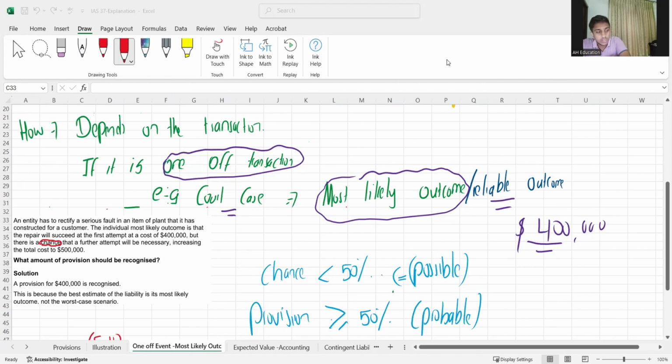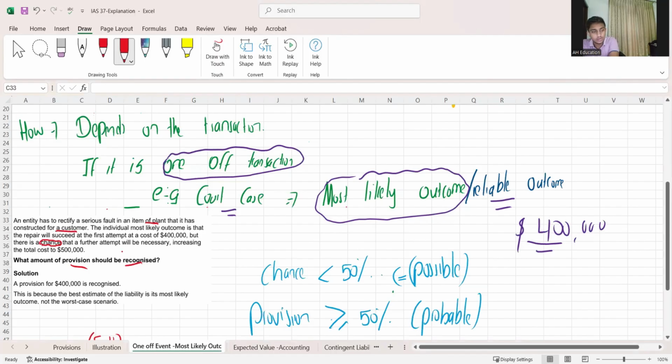Now let us look at this particular question, to identify how you do a reliable estimate when it's a one-off transaction. The question is what amount of provision should be recognized? An entity has to rectify a serious fault of an item of a plant that was constructed for a customer.